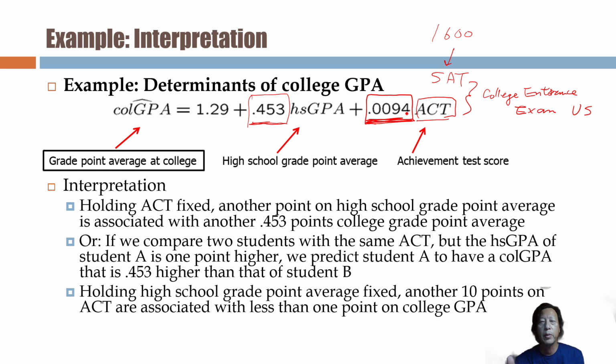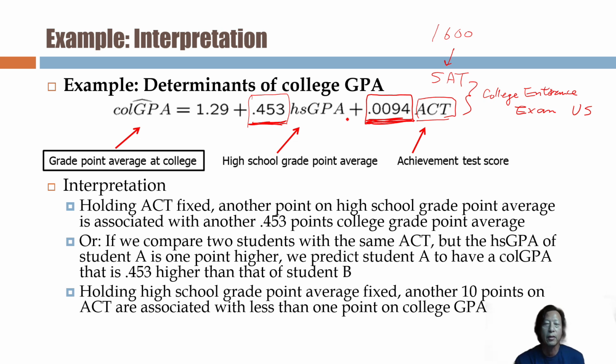does not necessarily mean a weak effect; it also depends on the scale of the factor. If the scale of the factor is bigger, then the coefficient will be smaller. So we cannot directly compare 0.453 and 0.0094 and say the high school GPA is more important than the exam score.